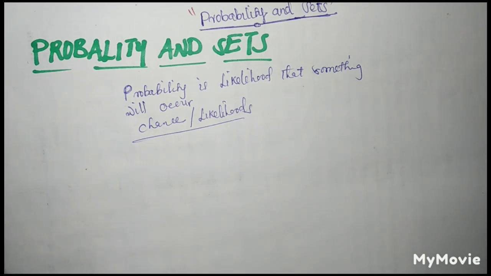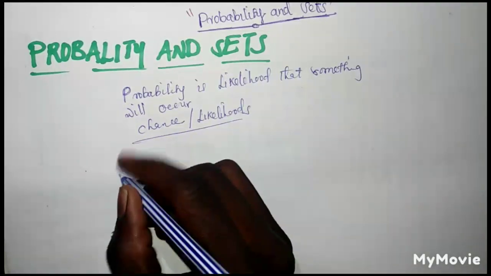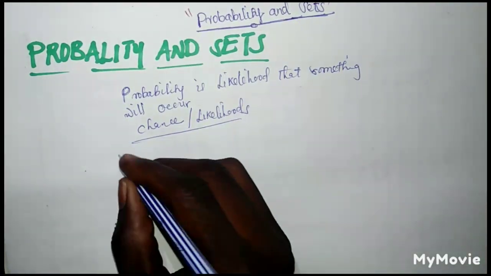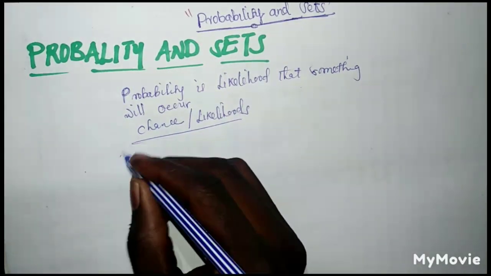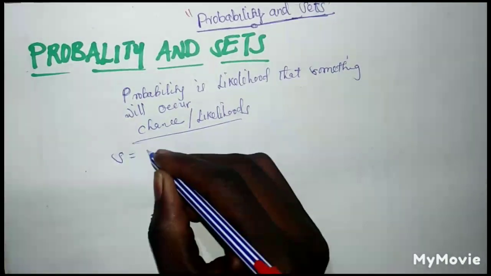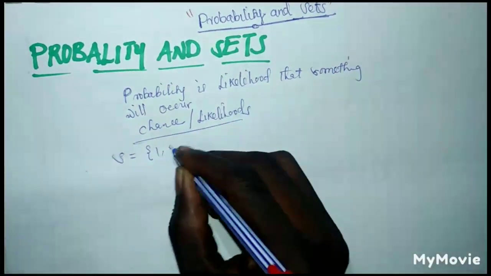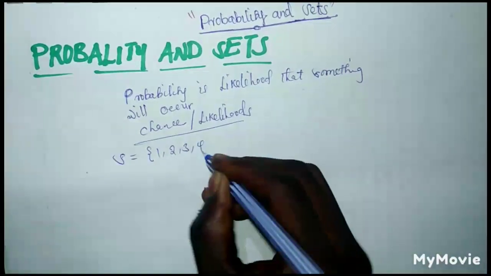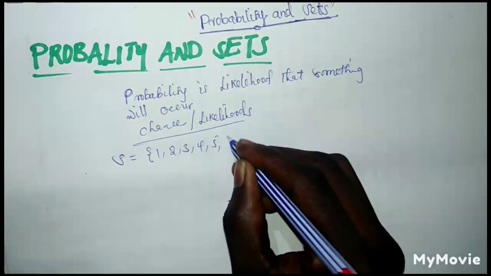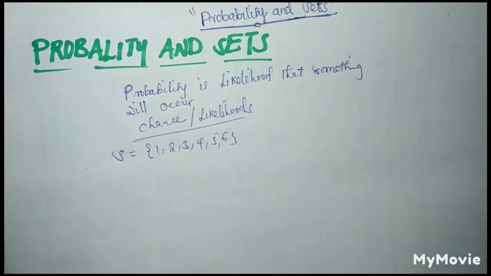Okay, now suppose we roll a die. A die has numbers 1, 2, 3, 4, 5 and 6. We are going to call this the sample space, or rather the probability space.